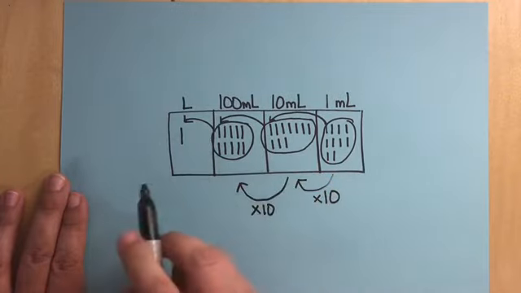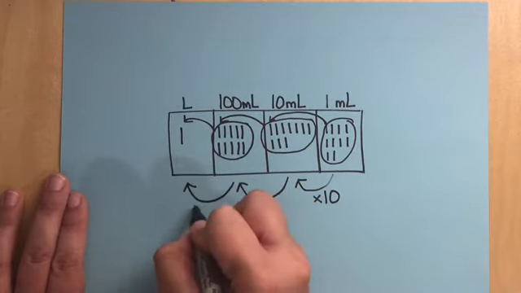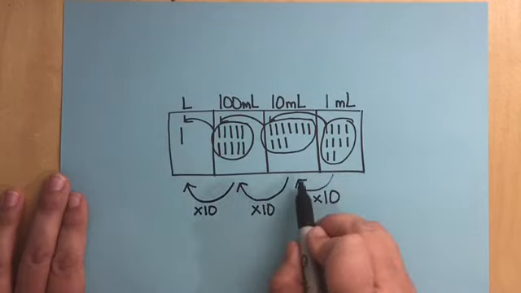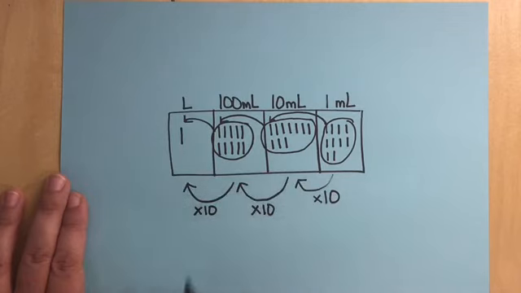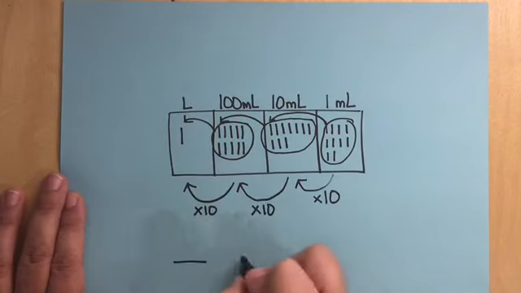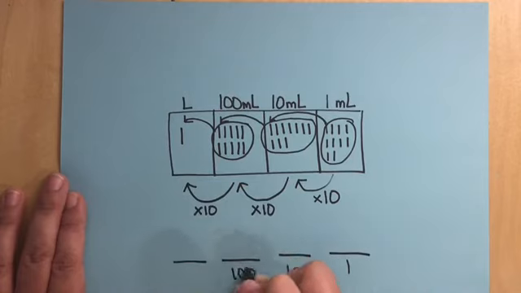If I take one 100 milliliter and I times it by 10 again, I get 1 liter. Do you see the pattern here? We're timesing by 10 to get to the next place value. And that would be similar to if we had our ones, our tens, our hundreds, and our thousands for our normal number system.